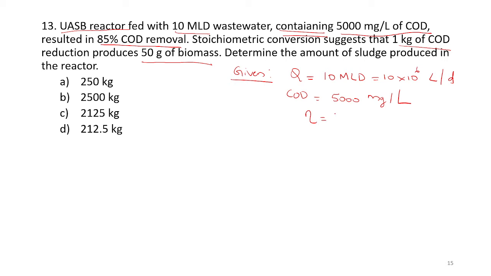And stoichiometric conversion suggests that for removing 1 kg of COD, the USB reactor produces 50 gram biomass. 1 kg COD, when it is removed, 50 gram biomass is produced. So you are asked to determine the amount of sludge. Sludge means biomass, the amount of biomass produced in the reactor. So this much information is given.